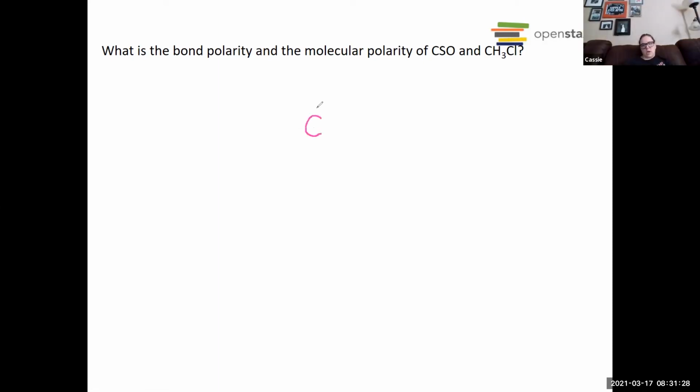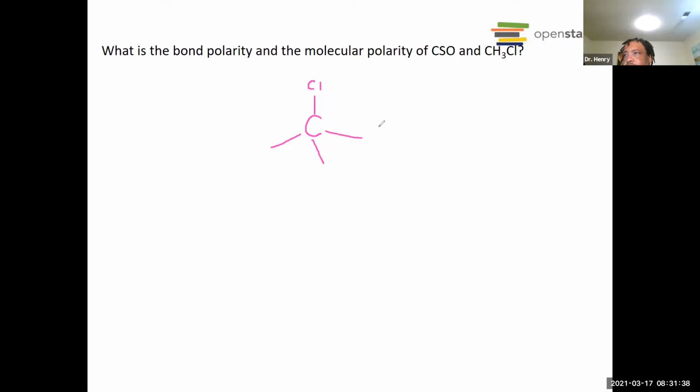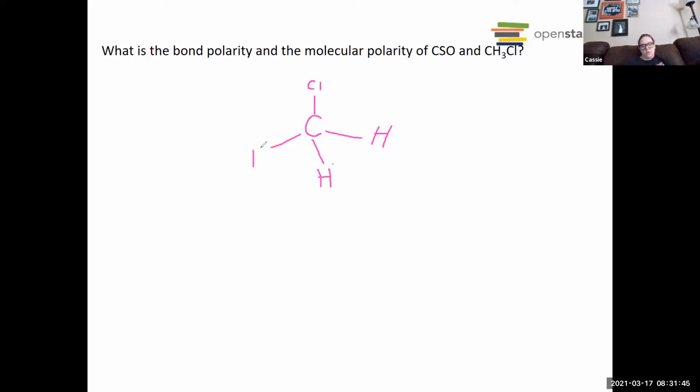You would attach the hydrogens on three sides and then the chlorine on the other. Okay, so we're going to put chlorine up top. Then we have hydrogen, hydrogen, hydrogen.